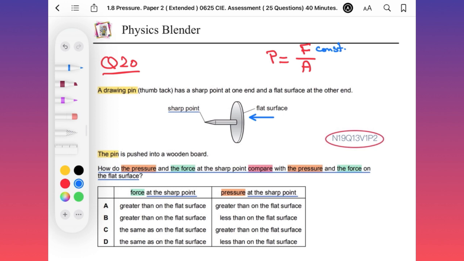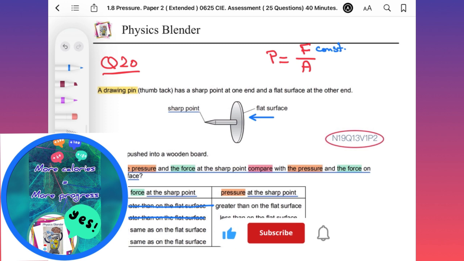What about the pressure and area? The force will be constant, so you have to exclude A and B. So the force at the sharp point is the same as at the flat surface. What about pressure?